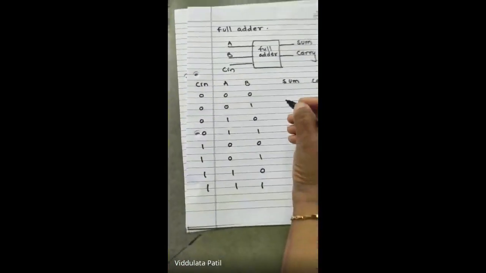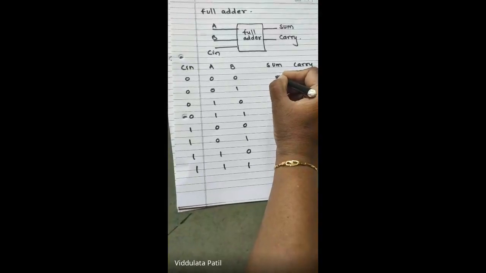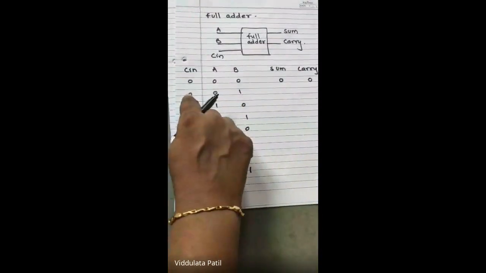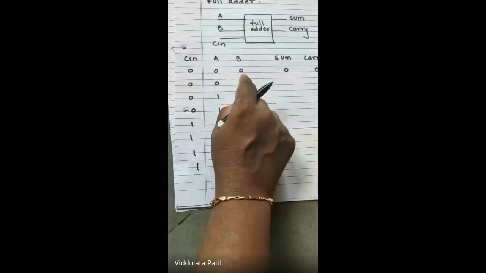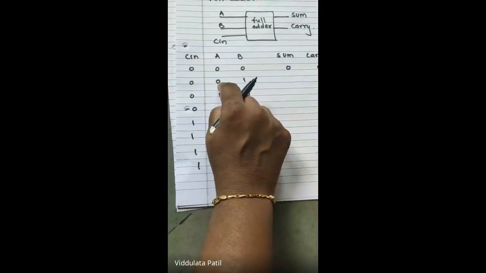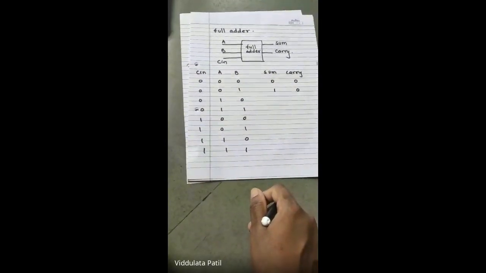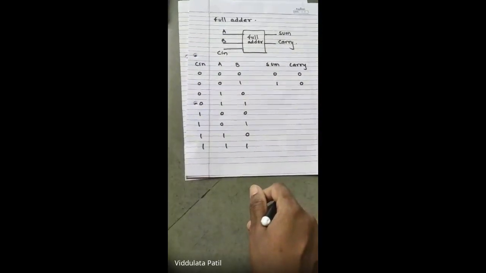Now for the first combination, when all three inputs are 0, what will be sum? 0. Carry will be also 0. When one input is 1, एकच input 1 है, suppose B is 1, C and A 0, so sum is equal to 1, carry is equal to 0. For this combination, what is the sum and carry? पुढच्या कॉम्बिनेशन साठी काय असणार आहे?